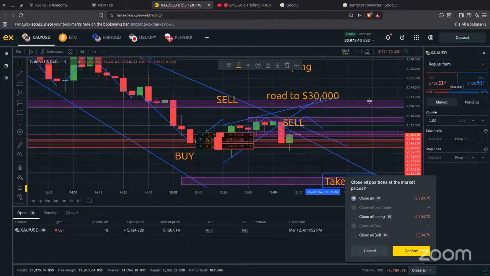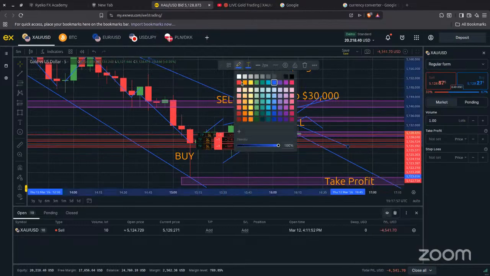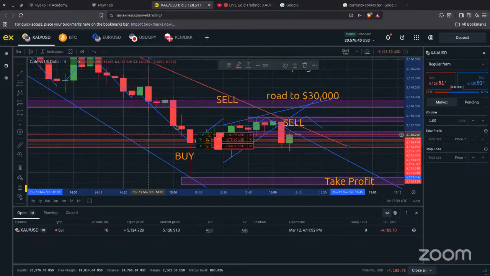I'm not going to rush to take profit. That's why I didn't make more money last time. So I'll wait for it to go. It has gone above here, which is not yet above that. I'll always love to change this to red, and then this down one to green.